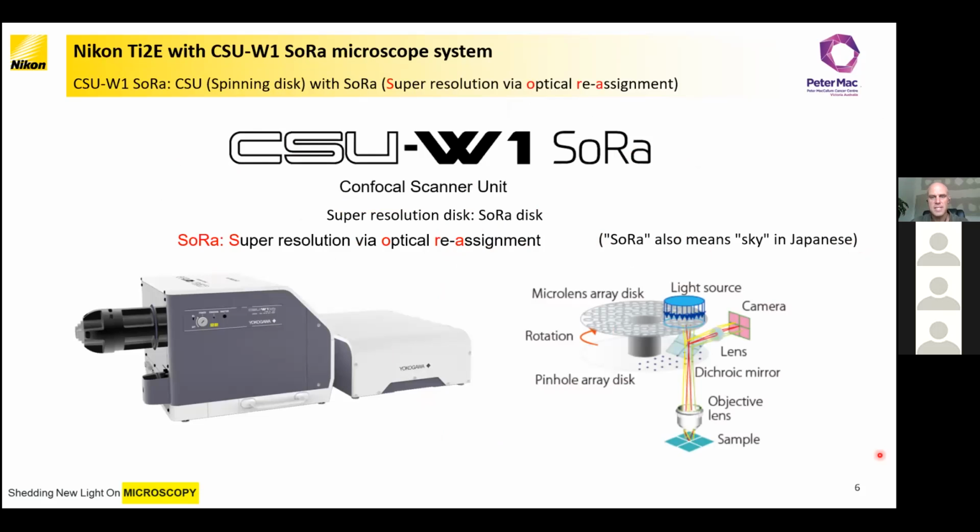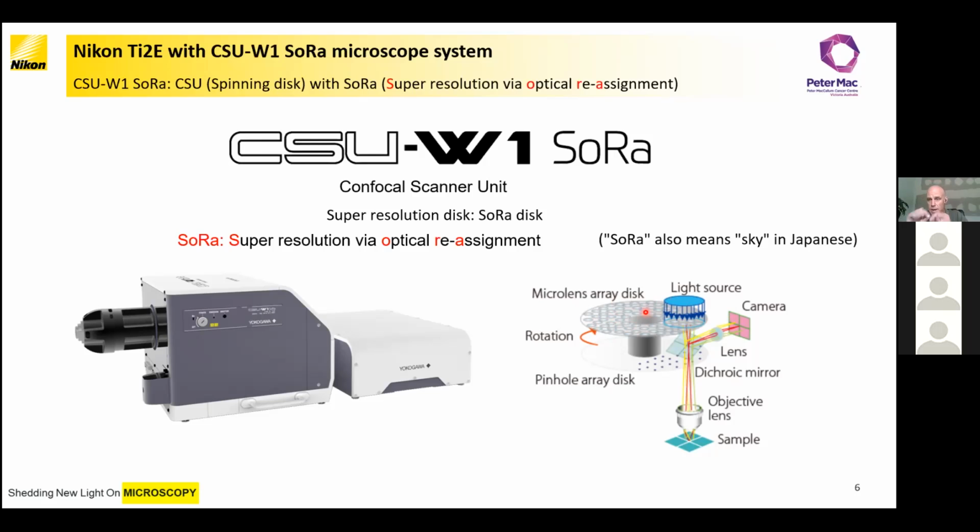This is a spinning disc microscope. It's different from many other microscopes in that it contains within it these microarrays of microscopic pinholes. These are arranged in spirals on that disc, and that disc spins incredibly fast as you're imaging. What that does is essentially scan thousands of micro beams of light on your sample to build up that image.